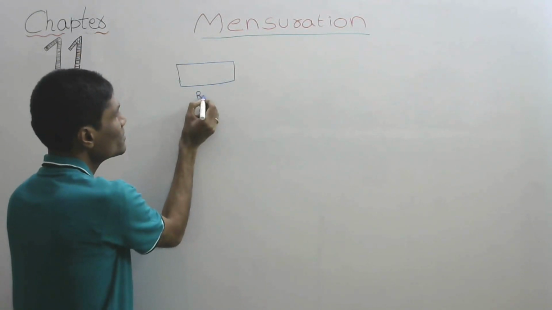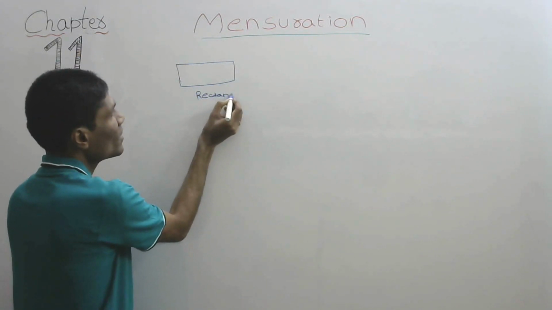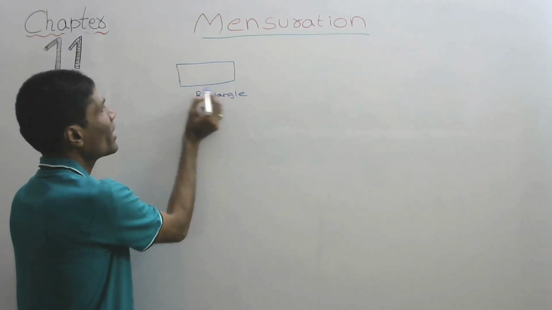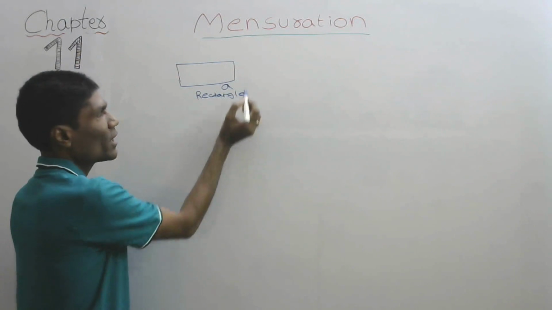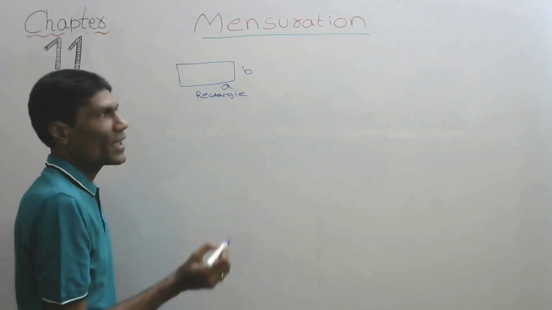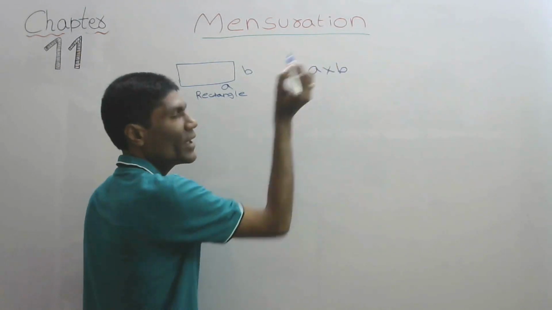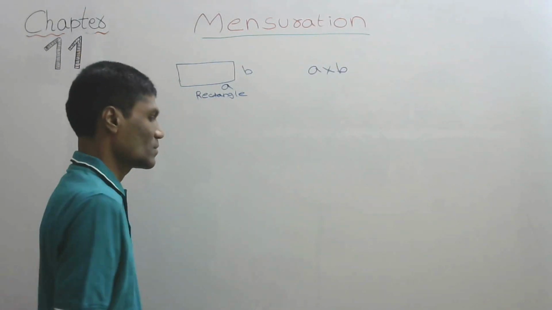Rectangle. Say the length is A and the breadth is B. In that case, the area will be A into B. Simple.